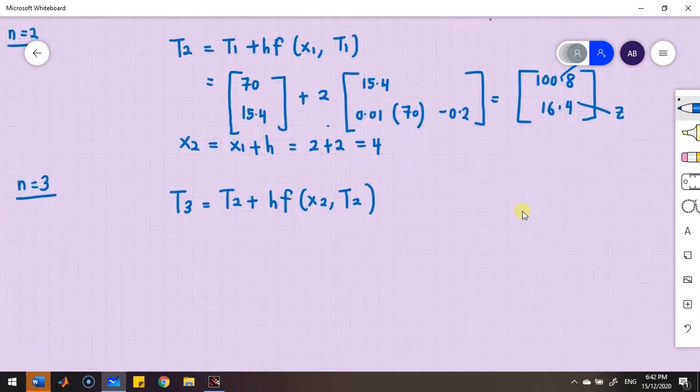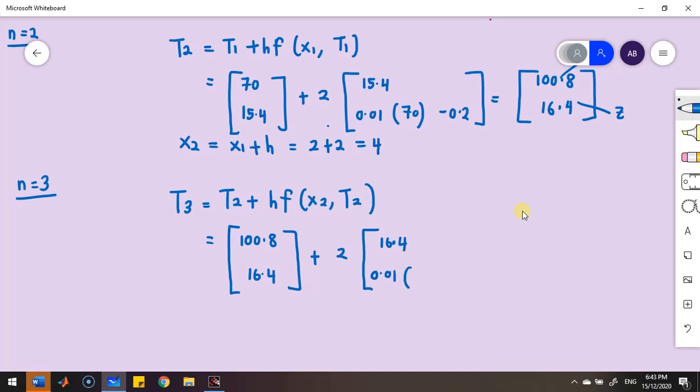Okay, so we have obtained T2, which is 100.8 and 16.4, plus 2. Okay, now the same thing again, where we have Z first, so 16.4, and then 0.01 T, which is 100.8, minus 0.2.